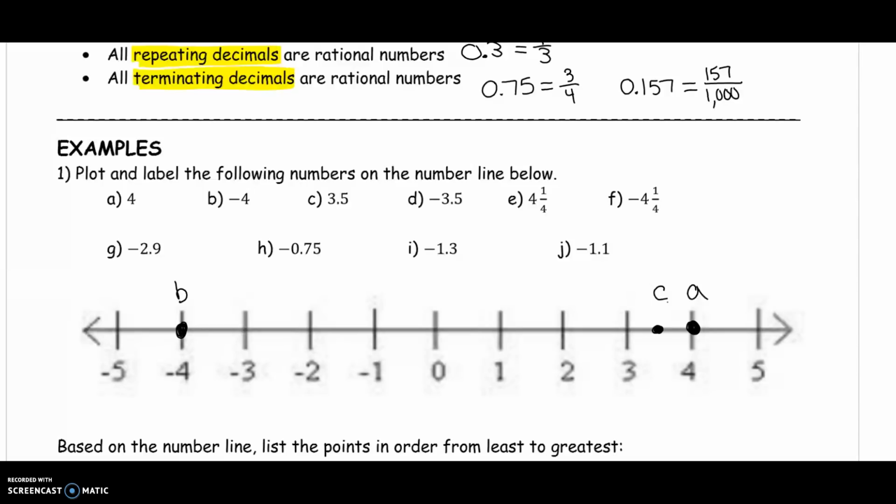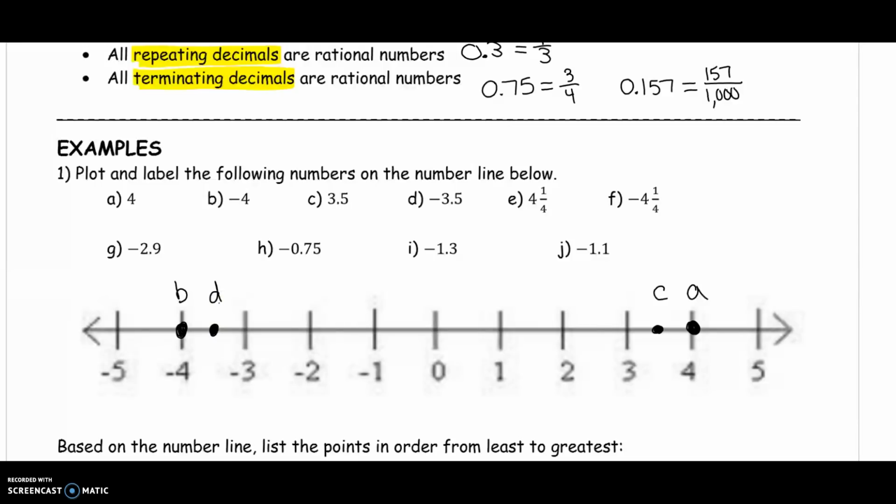So remember that negative numbers are the opposite of the positive number. So -3.5 is the opposite of 3.5. So we know that if 3.5 is right in between of 3 and 4, we know that -3.5 has to be exactly between -3 and -4. So we're going to plot that point right there in between and label that point D.